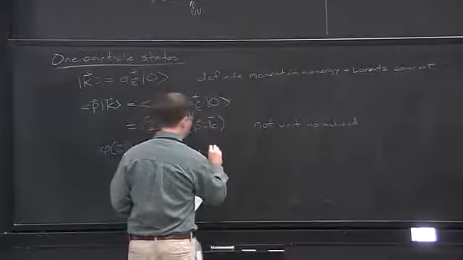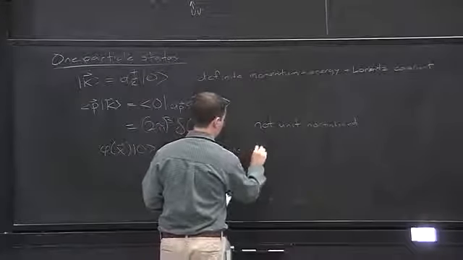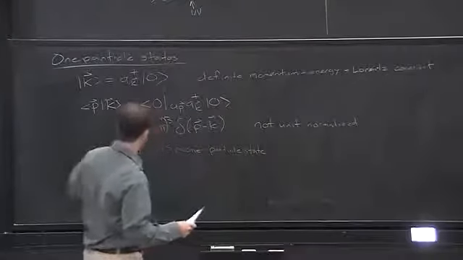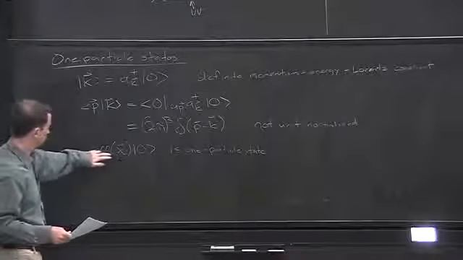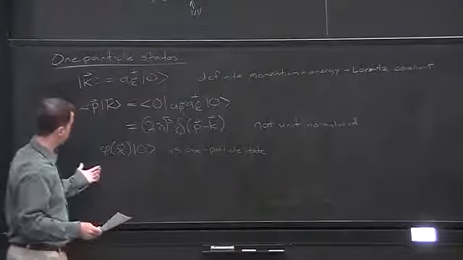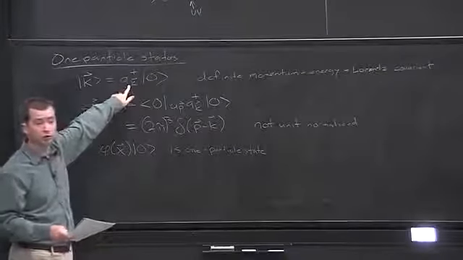We can show that. You can see that if you write the mode expansion, it is linear in the creation operators. So it will create a superposition of momentum eigenstates, but it's linear in the creation operators, so that means it's a one particle state.